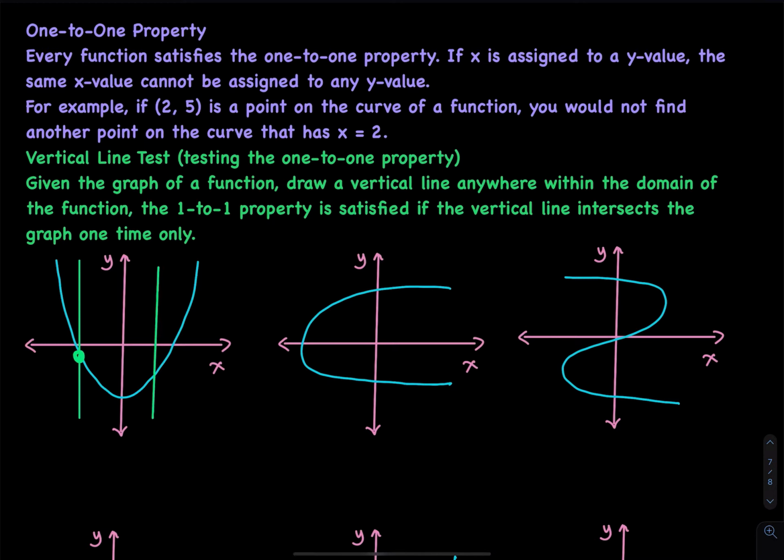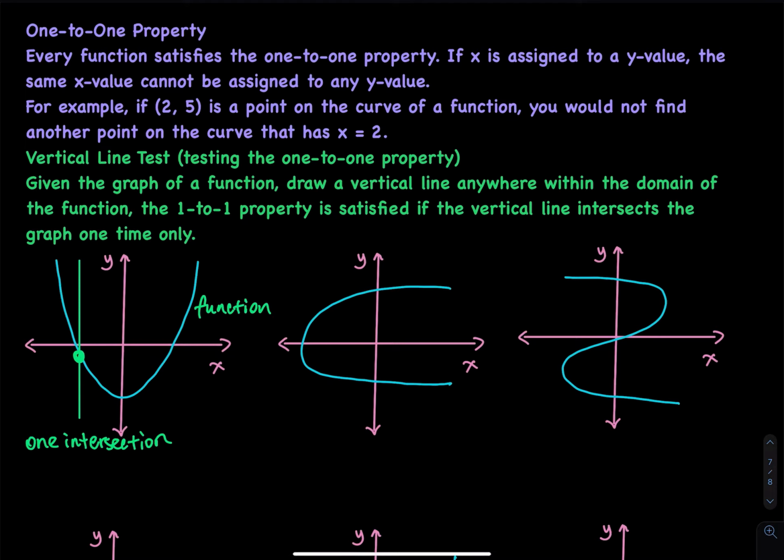The answer is absolutely yes, as long as the line is within the domain of the function. So I have one intersection. That means the one-to-one property is satisfied, so the parabola is a function.